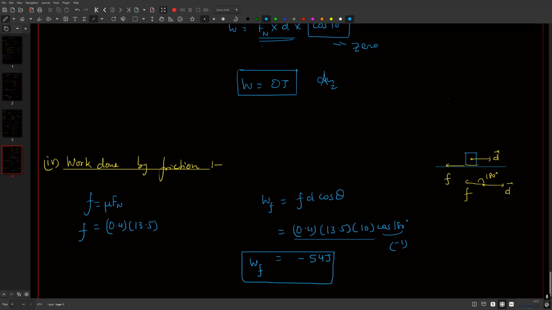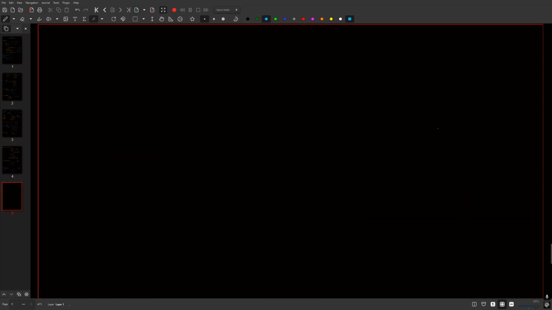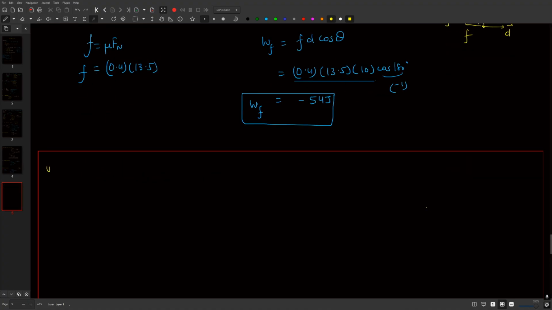All right. Now the next part of the question is asking us to calculate the total work done. So let's calculate the total work done now. This is part 5. So total work done is work done by the applied force, work done by the normal force, and work done by the force of friction.